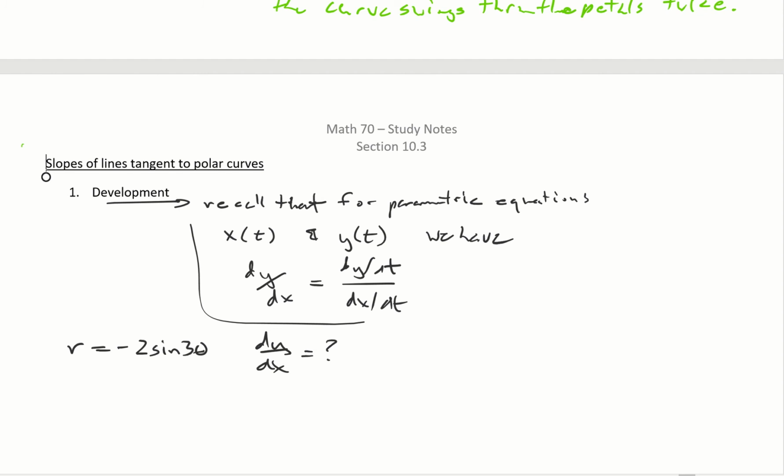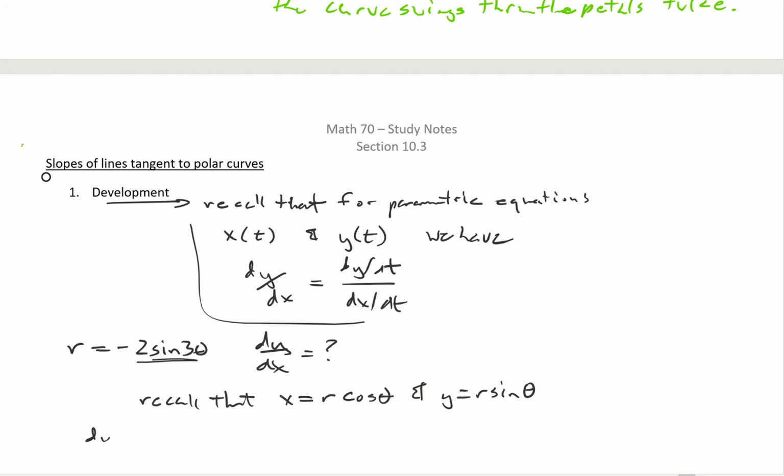Recall also that x can be written as r cosine theta, and y is r sine theta. Believe it or not, those are parametric equations also, because remember, r is some sort of function of theta.